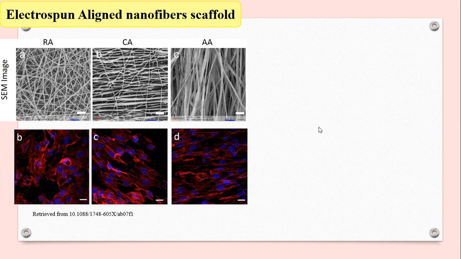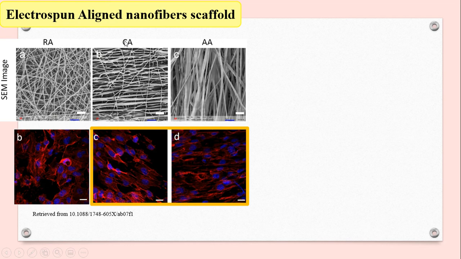A study led by News Group revealed the relationship between nanofiber orientation, RA, CA, AA, and endothelial cell proliferation. From the figure, we can clearly see that more fluorescent endothelial cells were attracted to the CA and AA.